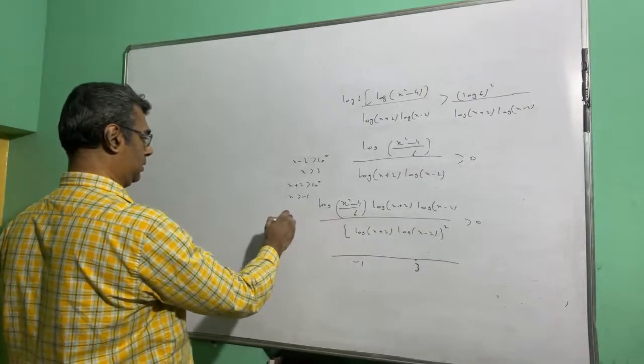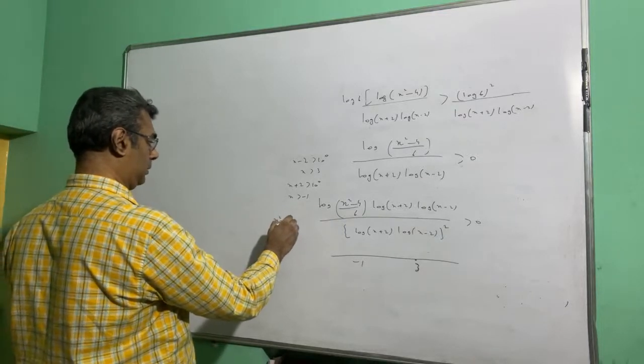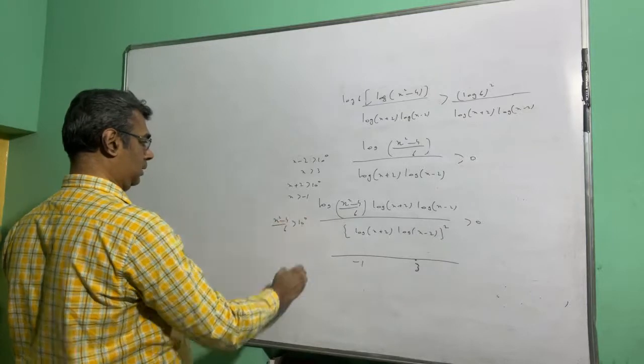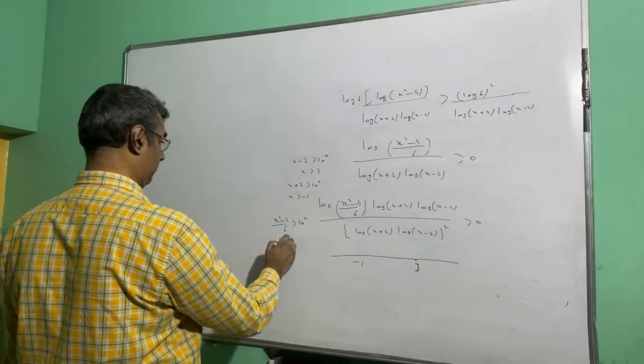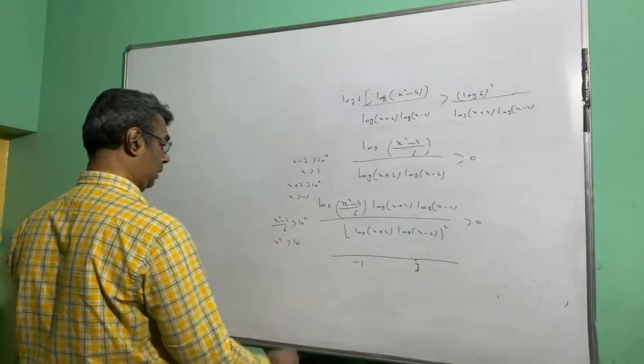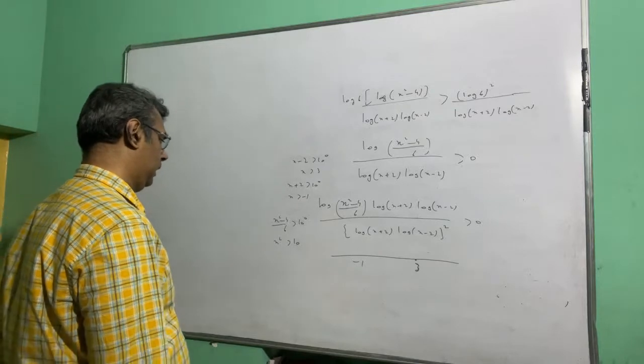And suppose log x squared minus 4 by 6 to the base 10 is positive, so x squared minus 4 by 6 is greater than 10 to the power 0. So x squared will be greater than 10.